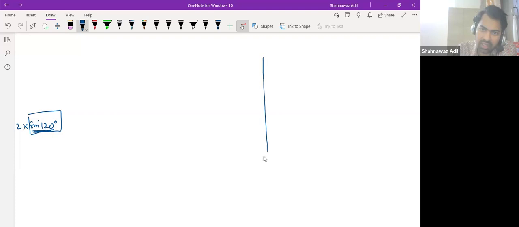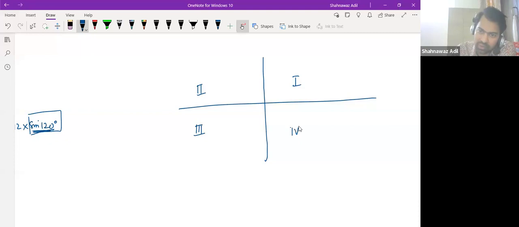To understand that, we have to remember the quadrants. This is the first quadrant. This is second. This is third. This is fourth. So we have to remember that in the first quadrant, all the trigonometric ratios are positive, right?